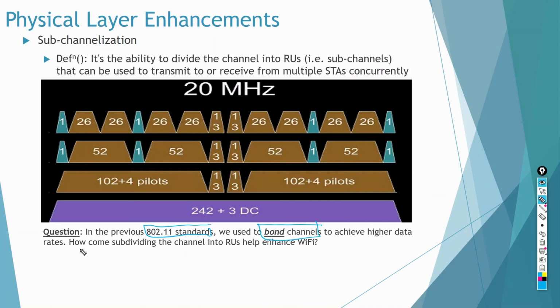Now in 11AX, we are doing the reverse operation. So we subdivide the channel in order to assign those subchannels to RUs. So how come that enhances 802.11AX operation in general?